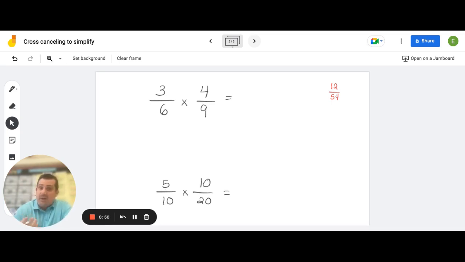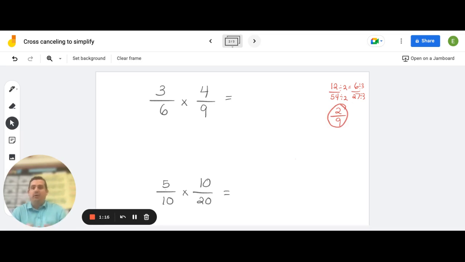Well, see, this is where it gets hard, because if I start by dividing them both by 2, it's going to give me 6 over 27, which is still not in simplest form, because I could divide them both by 3. 6 divided by 3 is 2, and 27 divided by 3 is 9. And I would get 2 ninths.